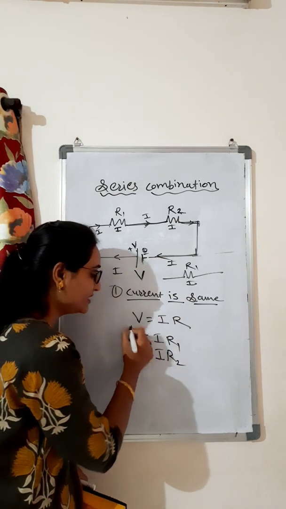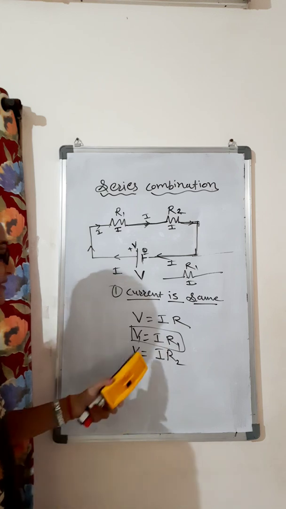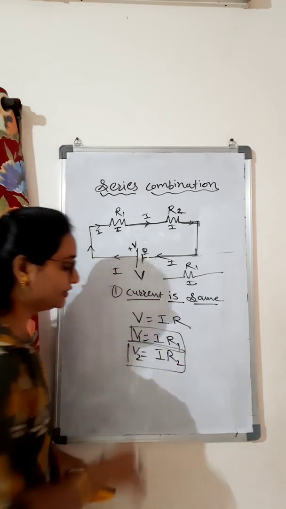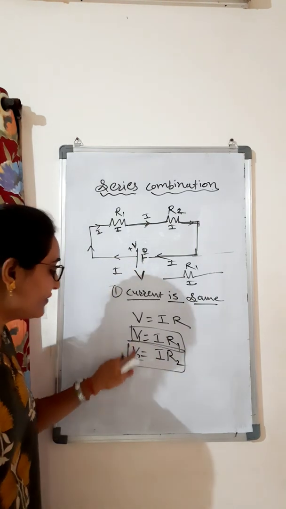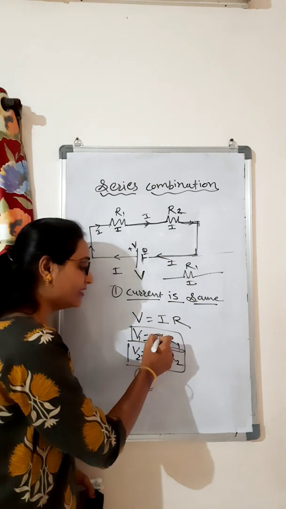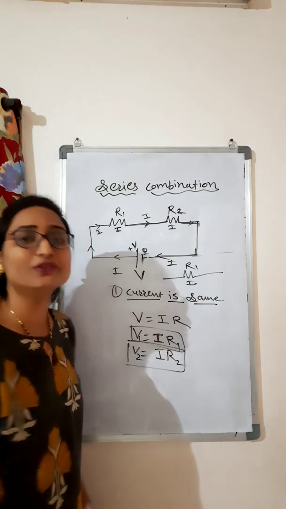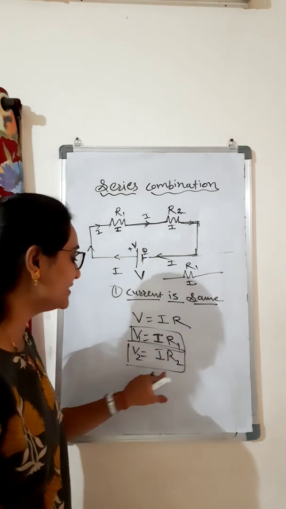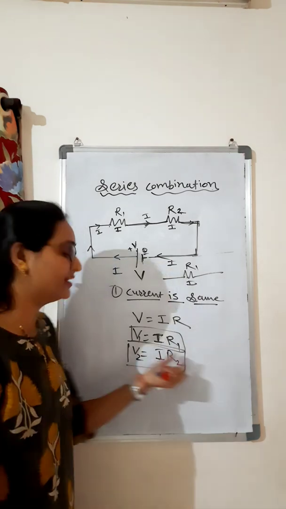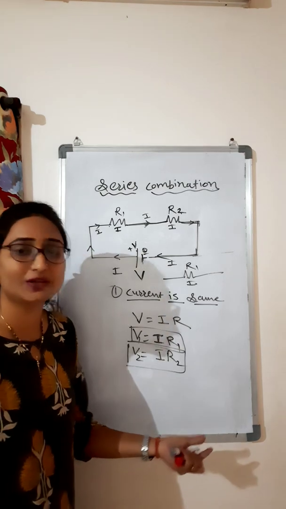Suppose the potential across R1 is V1, and the potential across R2 is V2. Now can you tell me whether V1 and V2 are the same? No, obviously not, because though I is the same in both, the R1 and R2 values are different, so we get different V1 and V2: IR1 and IR2.